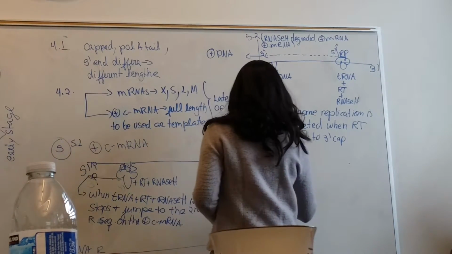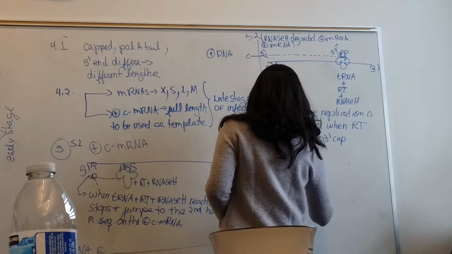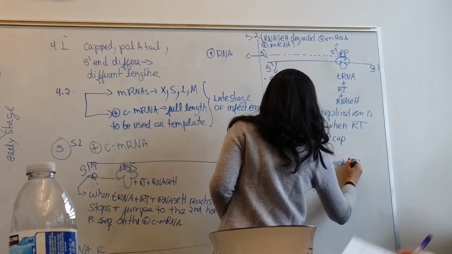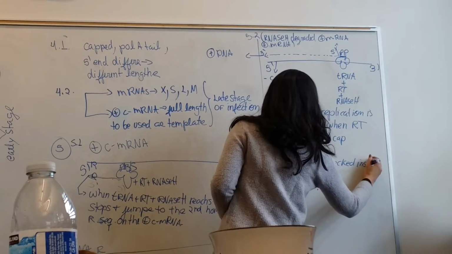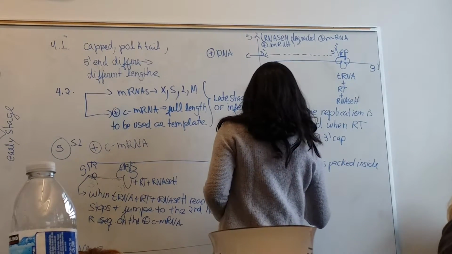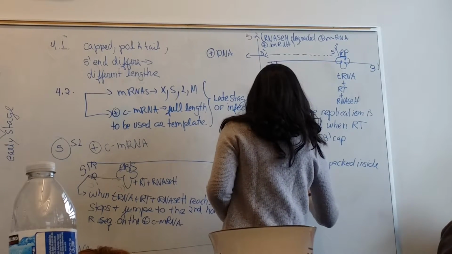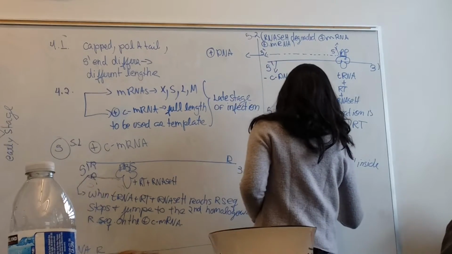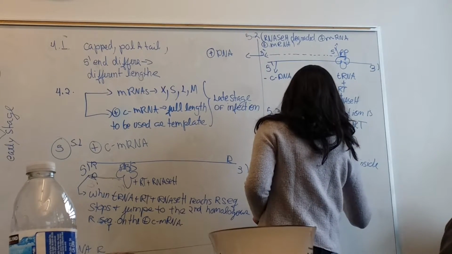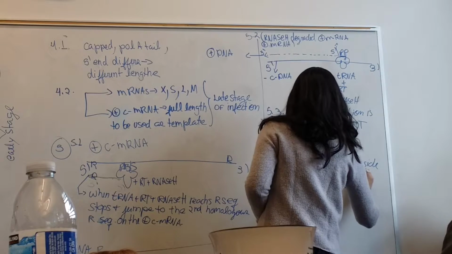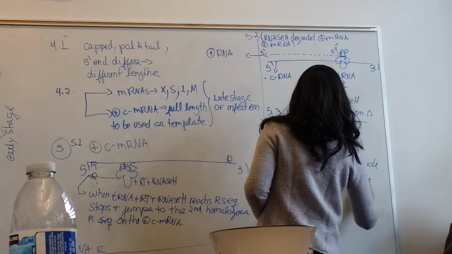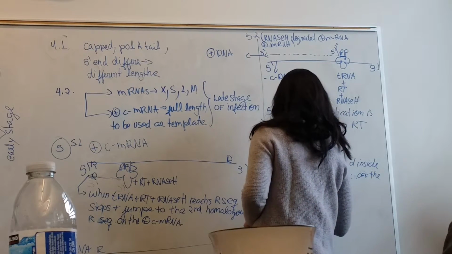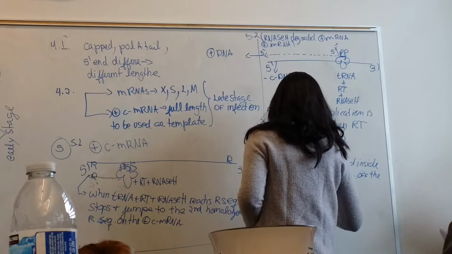So number 6, genome is packed inside the capsid and buds off the cell with envelope.